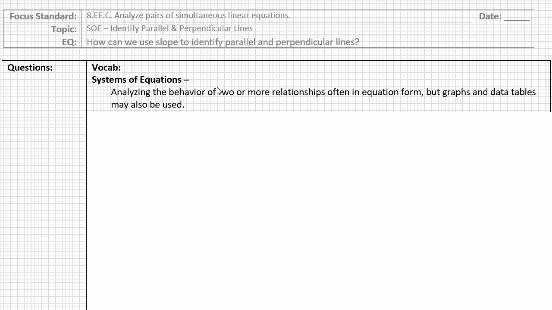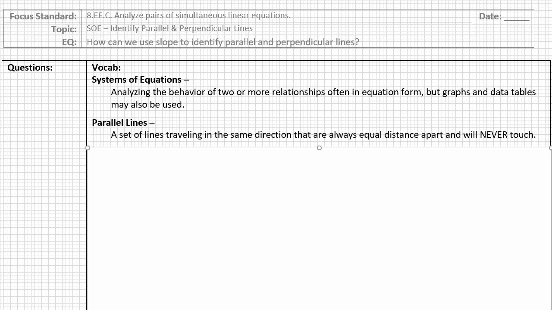And so we're going to be looking at two lines on a graph and trying to determine if they're parallel or perpendicular. You're probably already familiar with those terms, but just to be sure, let's go ahead and define those as well. A set of parallel lines, you may remember, are lines that travel in the same direction.